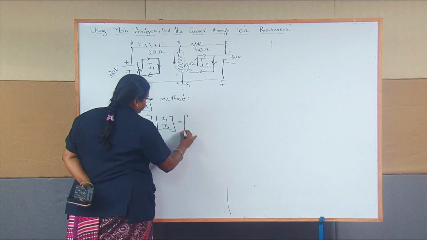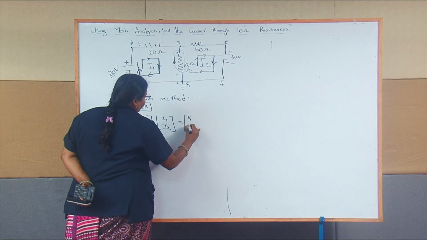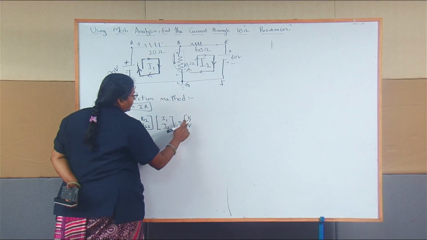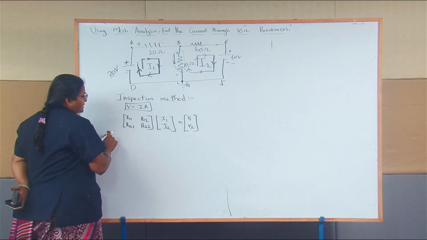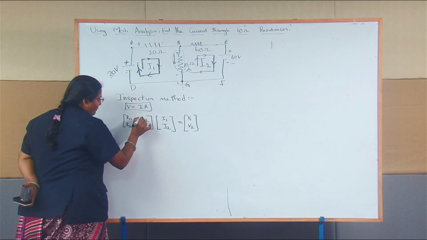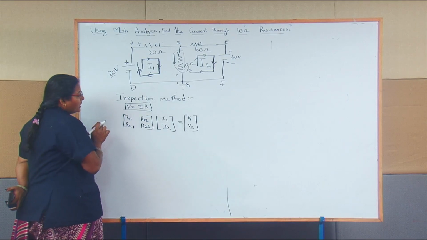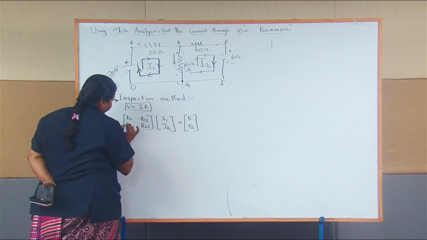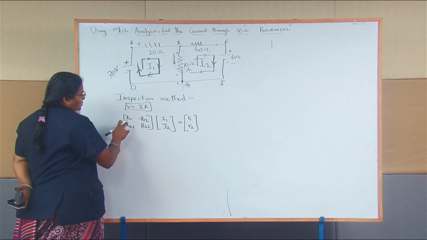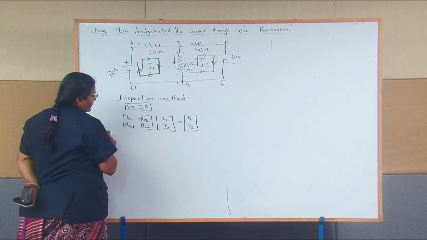Then V; in the question itself, they will mention V1, V2. For using the inspection method, you have to keep in mind that the diagonal elements should be positive, and the off diagonal elements should be negative. So R12 and R21 should be represented as negative.